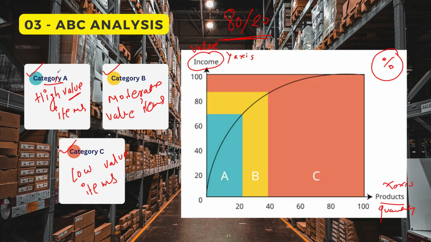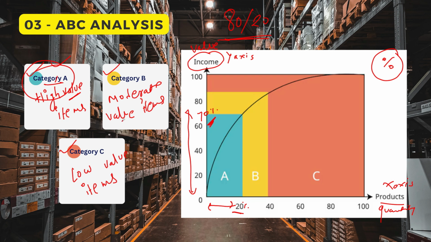See, the category A items are the priority, the prime focus. They are a small percentage of the total inventory, as you can see here in the graph. Only up to 20% it's contributing to the inventory, but it's generating almost 70% of the income.